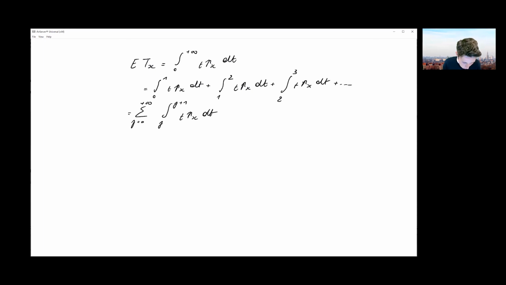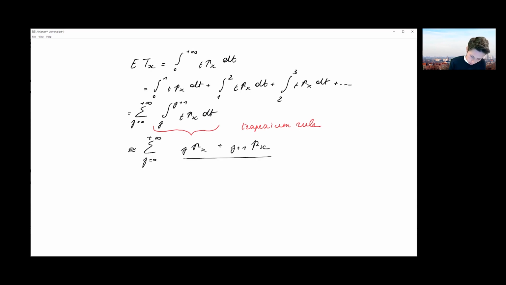Now, you may recall from other courses that if you look at this type of integral, you can approximate it using the trapezium rule. That's something you should not know for this course, but let's just apply it here. We can say this is approximately equal to the sum over j of jpx plus j+1px divided by 2.